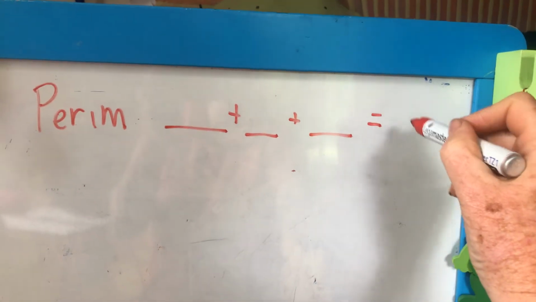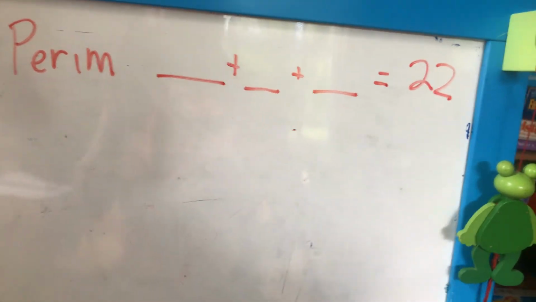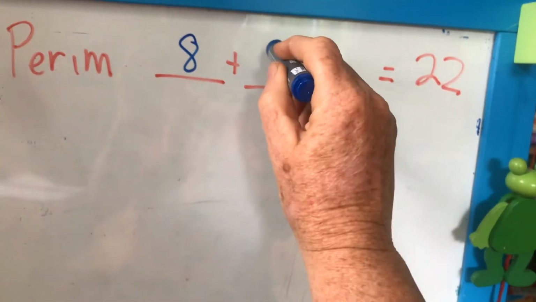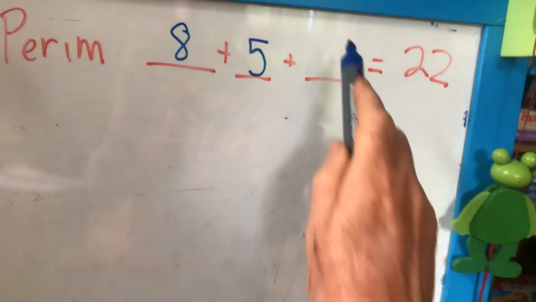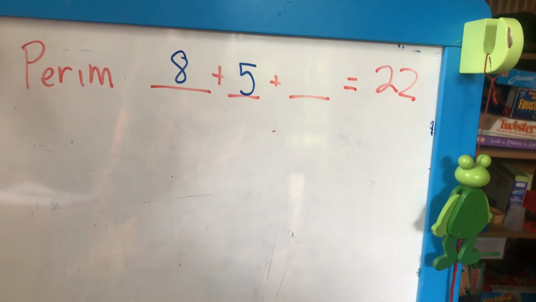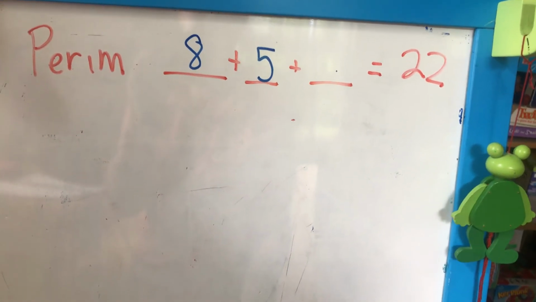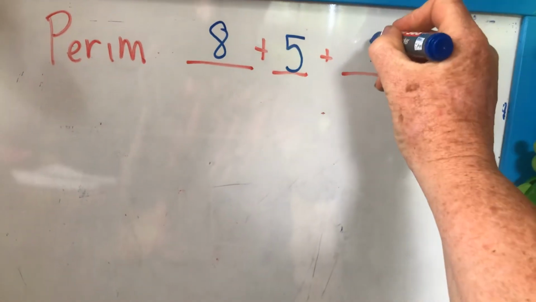So it says the whole perimeter, when you add up all the sides, side plus side plus side, the whole perimeter had to equal 22. Then they told you that one length was 8 and one length was 5. They didn't tell you how long that side was. But when you see it written out like that, what is that missing side? Well, 8 plus 5 is 13, so our missing side has to be 9.